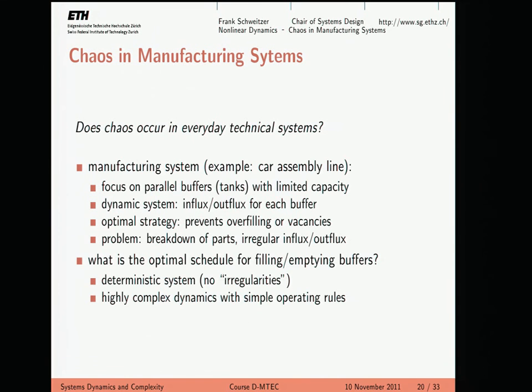For instance, a manufacturing line on which some parts flow. You can model this as a buffer which needs to be full at all times. A manufacturing line has to be full or occupied the whole time. Otherwise, it's underutilized. So we abstract a real manufacturing system with the notion of these buffers.